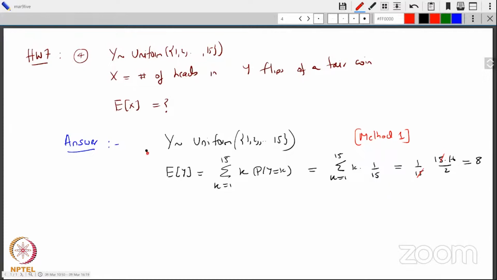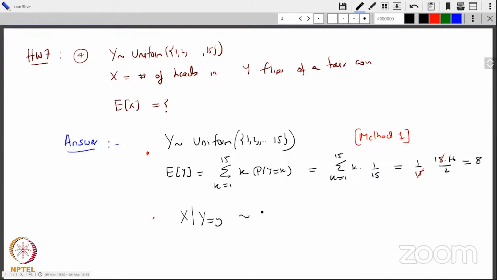Once you do this, the only non-trivial step is: X given Y equal to y is distributed as what? X is the number of heads in Y flips, right?